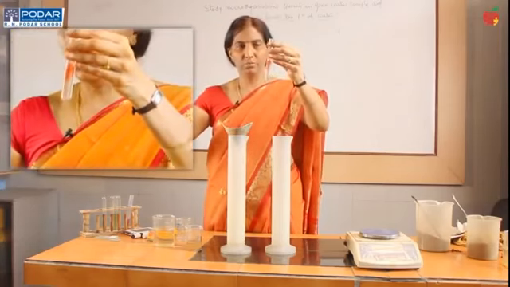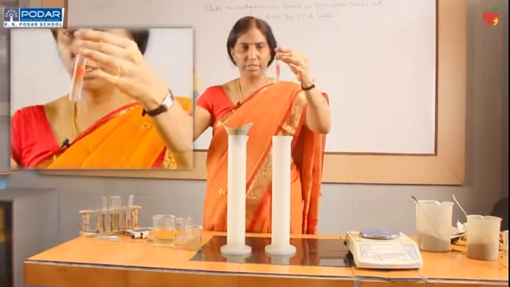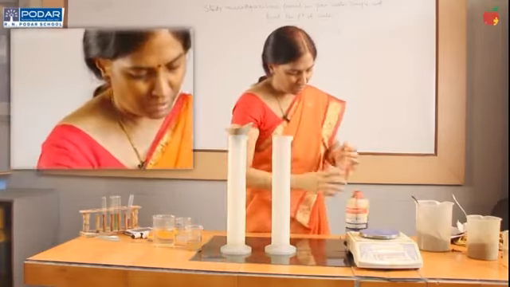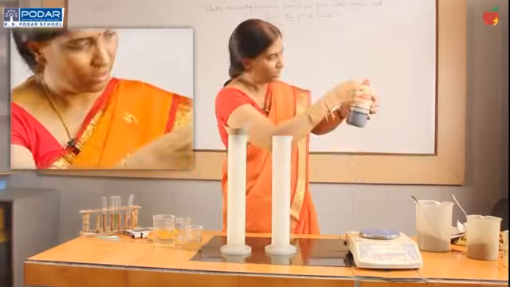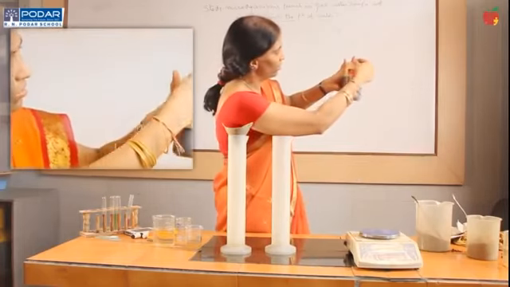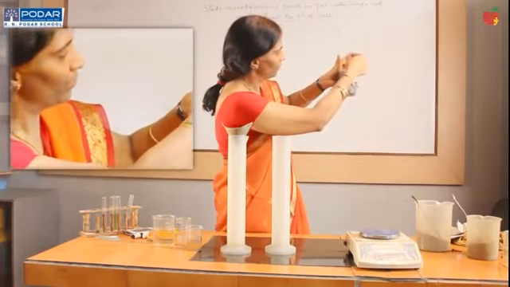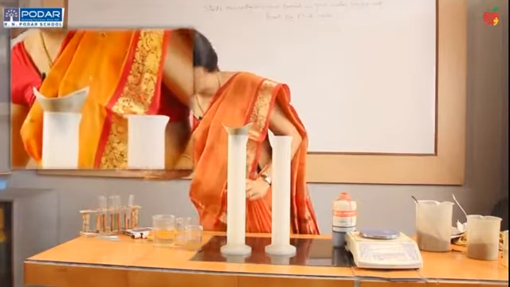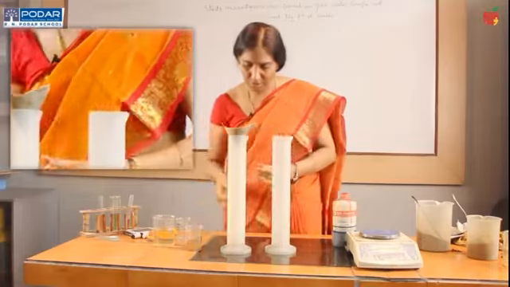I have added only 1 drop of pH indicator to the test tube, and let us see the pH of garden soil. It is coming around 4, slightly acidic in nature. Next, let us do the same test for roadside soil also.